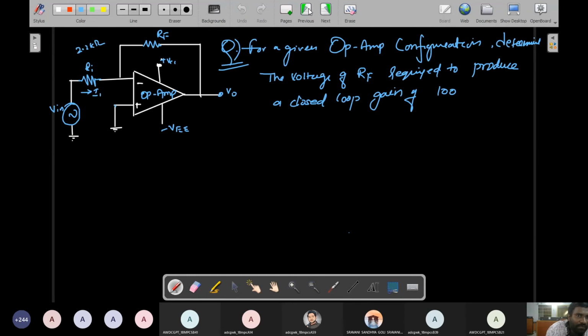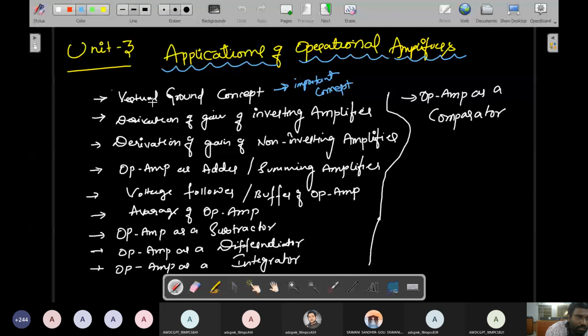So see, in the previous pages, the first concept is completed and we move to the second concept, that is the derivation of gain of inverting amplifiers. Every time I tell you the gain of the amplifier, but what is the formula for gain?